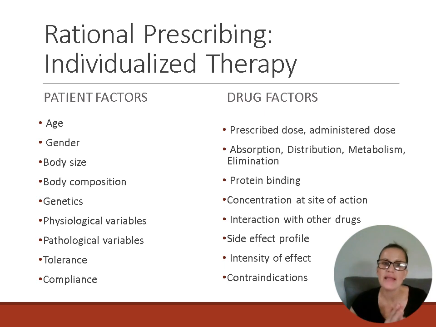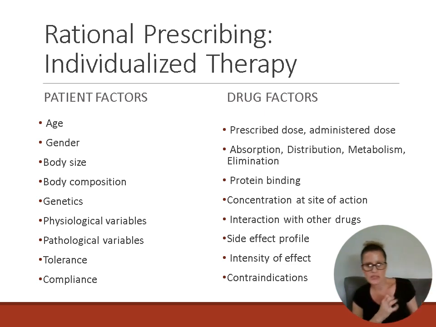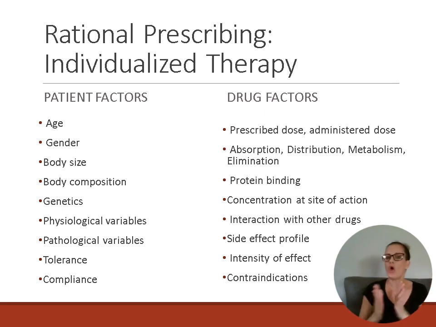Okay, so I said that rational prescribing involves choosing the right drug for the right patient at the right time. So this means that we have to take patient variables into effect, right? We've got to look at that specific patient and take all of their characteristics into account. We also have to take drug variables into effect.